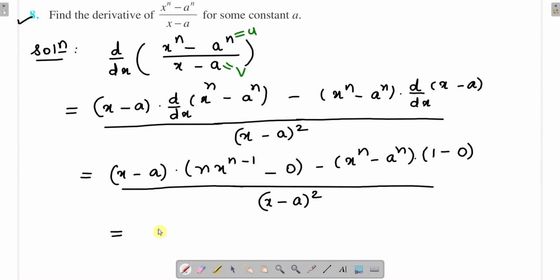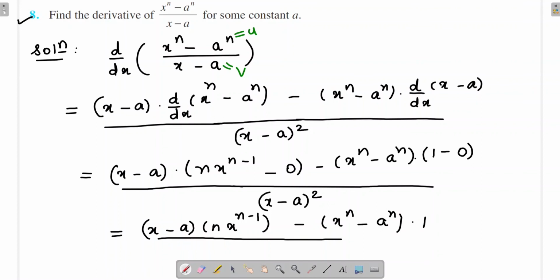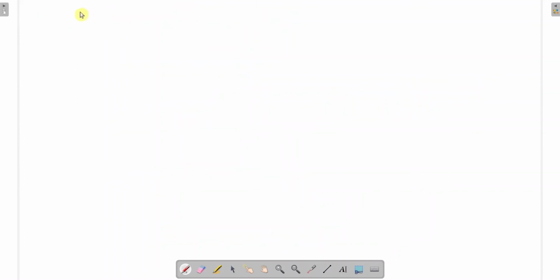So this will be equal to x minus a times n x raised to n minus 1 minus x raised to n minus a raised to n multiplied by 1, right, divided by x minus a the whole square, right? So what you will get if you simplify the numerator?